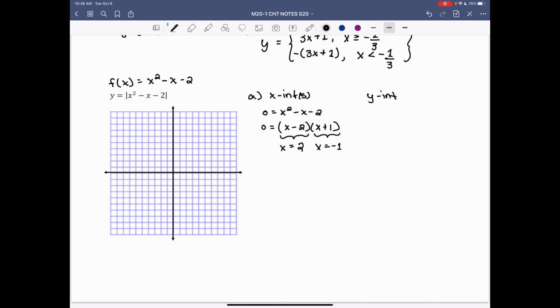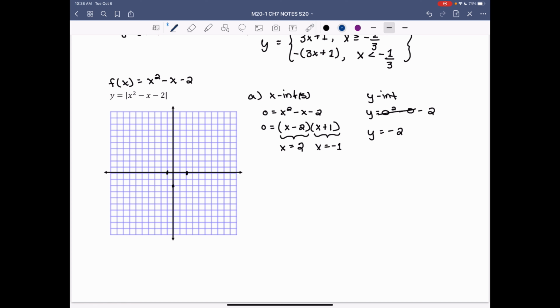For the y-intercept, we put 0 in for x. We get y equals 0 squared minus 0 minus 2, which just gives us y equals negative 2. Next is graphing. So plotting our points, we have x equals negative 1 as one of our x-intercepts, x equals positive 2 as the other, a y-intercept at negative 2, and our quadratic opens up because it has a positive a value.